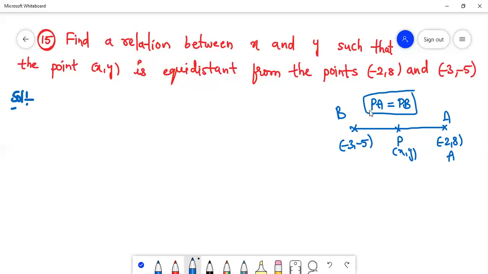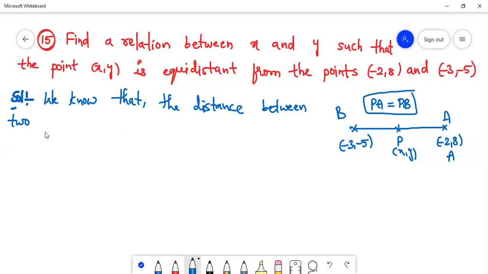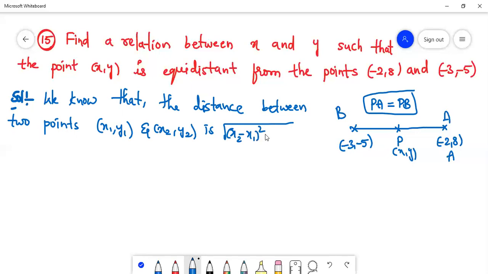In this, we are using the distance formula between the 2 points. We know that the distance between 2 points (x1, y1) and (x2, y2) is under root of (x2 minus x1) whole square plus (y2 minus y1) whole square.